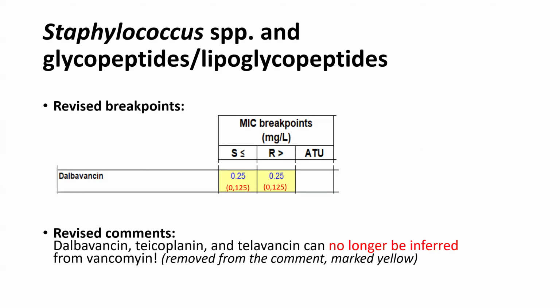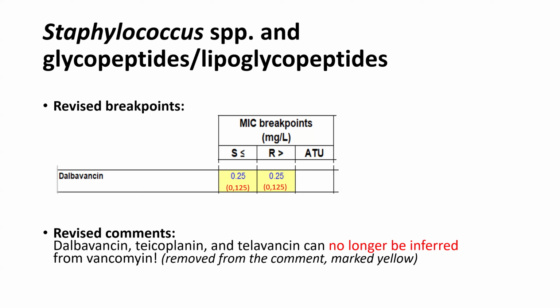And then there's one thing you have to note, because this is a little contradictory to what we said at the workshop last year. It concerns dalbavancin and also teicoplanin and telavancin. Previously we've said that you can infer susceptibility from vancomycin, but it turns out that you can actually have resistance in vancomycin susceptible isolates.